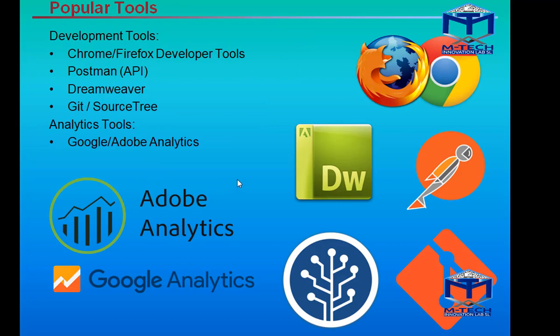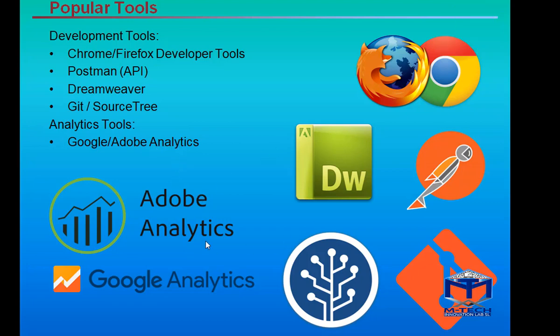Another very important thing for a web application developer is that the tools are key. As a developer, you must have particular tools to speed up your development, like Chrome, Firefox developer tools, Postman, Dreamweaver, Git or SourceTree, and analytics tools like Google and Adobe Analytics.